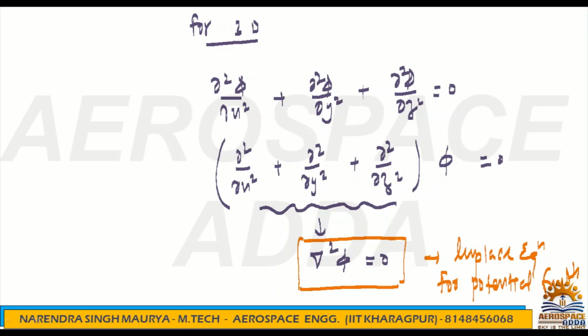If the potential function satisfies the continuity equation, or you can say if the Laplace equation exists, then it means that flow is possible. Flow is continuous. That's the meaning of it, right? Because grad square φ is equal to 0. If you have proved this, then how does it come? This equation comes after satisfying the continuity equation.